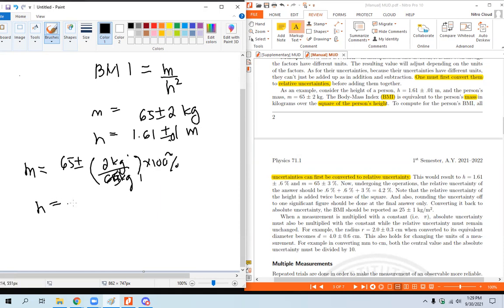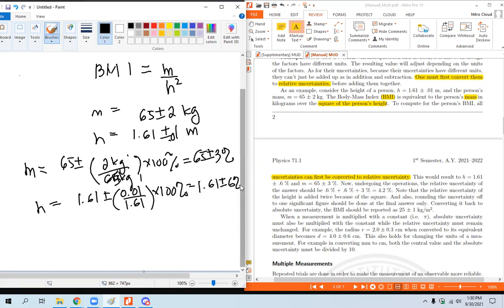And similarly, for your height, it's 1.61 plus minus 0.01 over 1.61 times 100%. So skipping the calculations, we get for the mass, it's 3%, 65 plus minus 3%. And for the height, it's 1.61 plus minus 0.6%. Now let's just clear this up for a bit para mas malinis tignan.